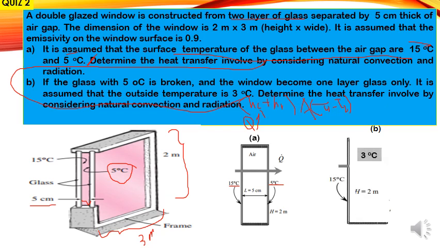It will become like this, where since the window with the 5 degrees C is broken, the temperature inside is maintained at 15, but here it is 3 degrees C. And the dimensions of the window are still the same, nothing changed. Okay, so let's solve this question.